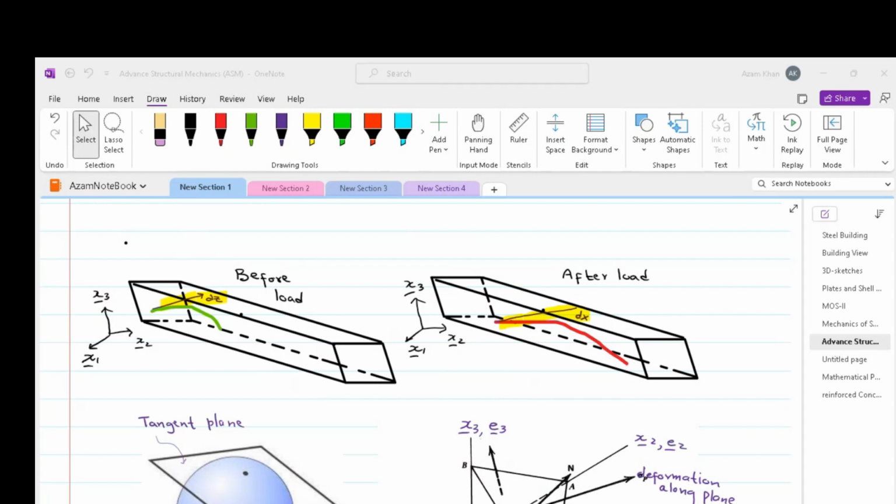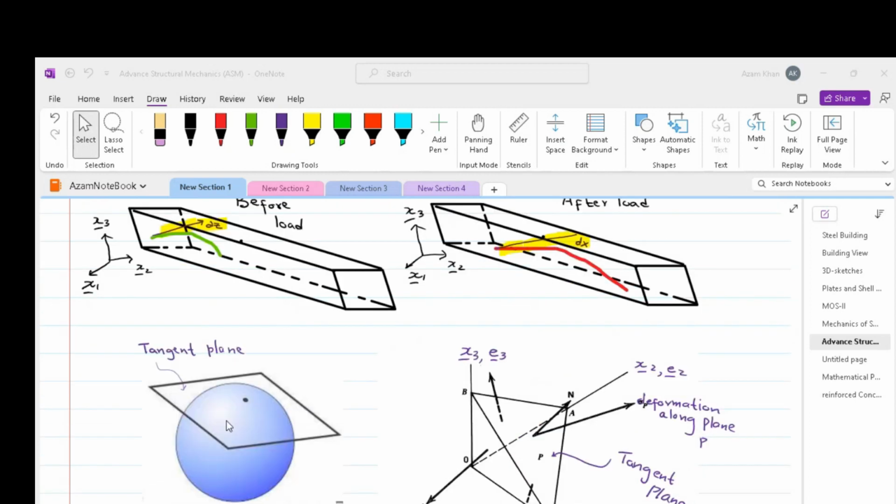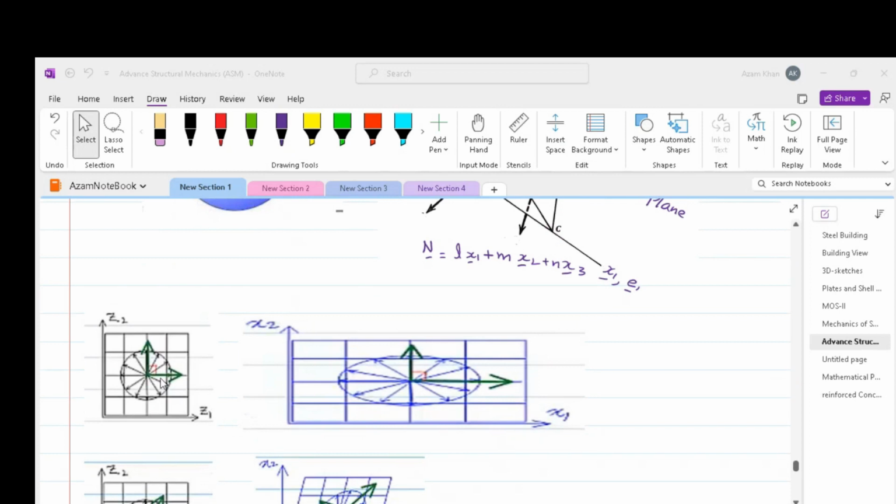We can say that every fiber within the body deforms, which would involve stretching, squishing, and shearing. If we assume that this body is made up of infinitesimal small spheres, every sphere has got a bunch of tangent vectors dz pointing in every direction, as shown over here.